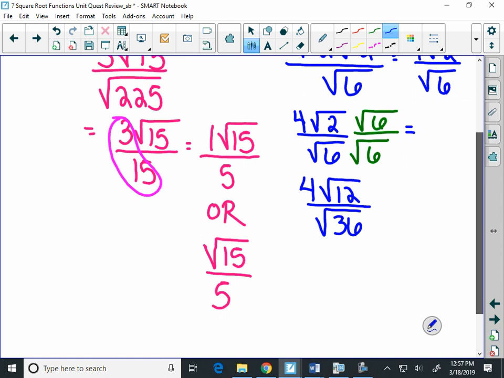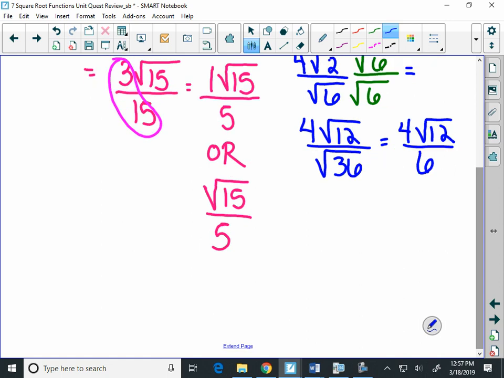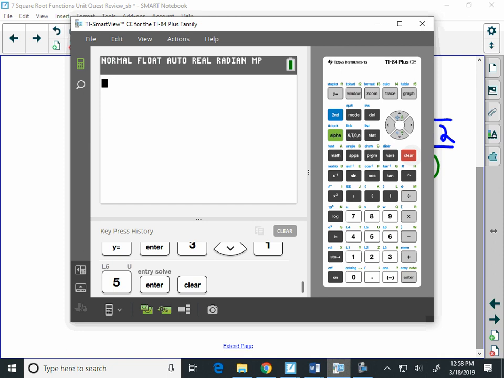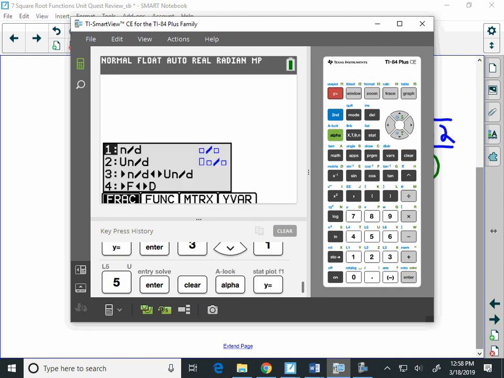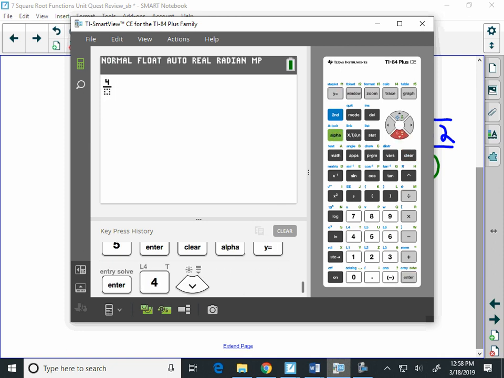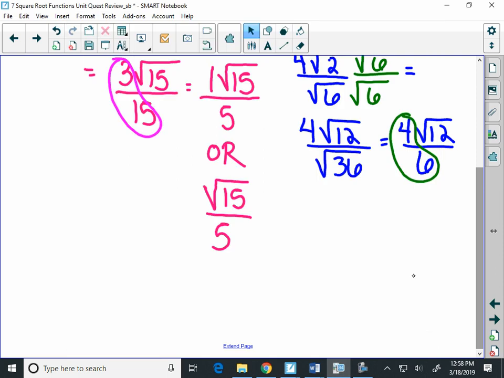Well, no radicals in the denominator. That's our mathematical rule. So it's 4 square root of 12. We can take the square root of 36, which is 6. And then once again, what we see is we can simplify this. And if you need to, you pull out your calculator and again you go alpha y equals to your fraction button, 4/6 gives us 2/3.